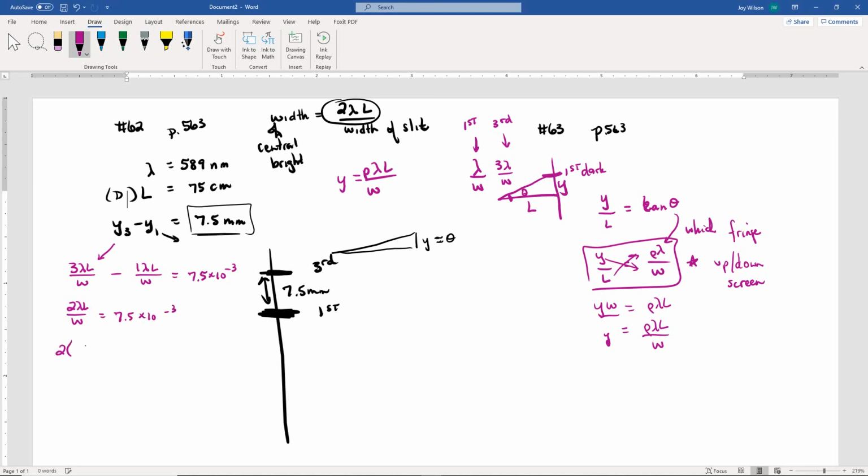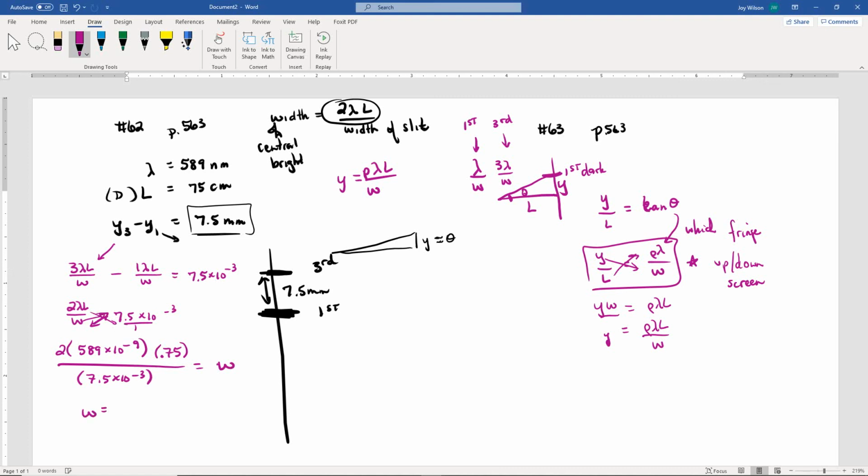So 2 times 589 times 10 to the negative ninth for nanometers. 75 centimeters would be 0.75 meters. And all this is over 7.5 times 10 to the negative third. If I do the number crunching there, I'll swap these two's place, and that'll give me my width. So I cross multiplied here to here, here to here, and then I divide by the 7.5.